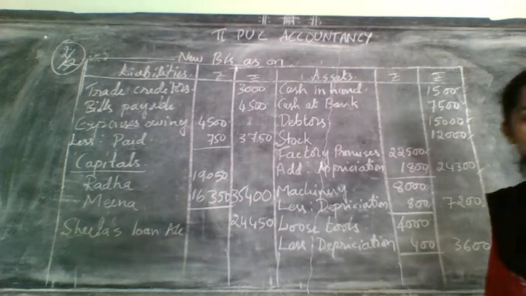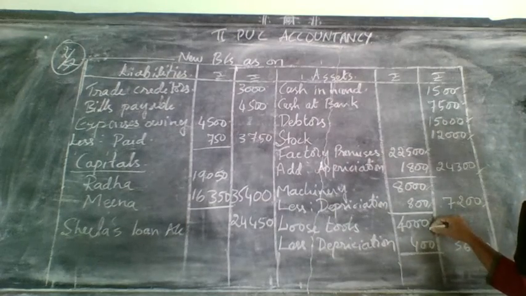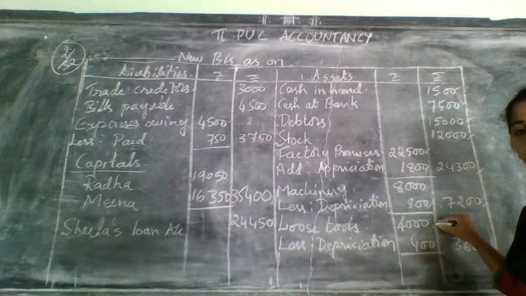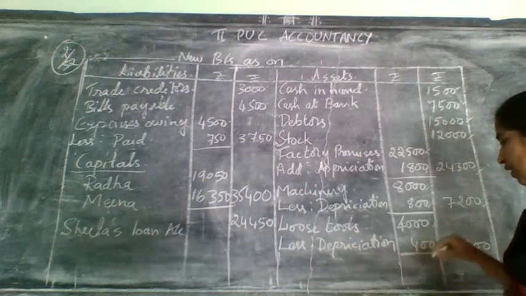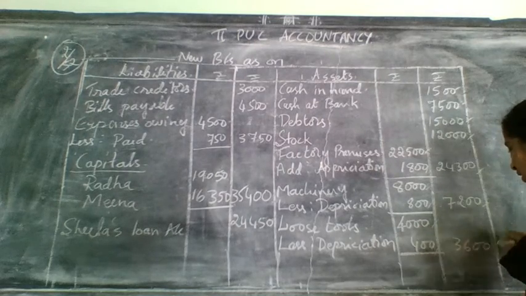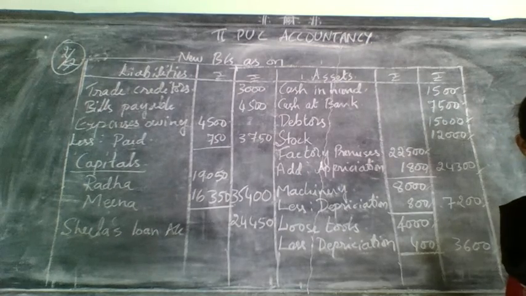Next loose tools, there it was 4,000, and you are having adjustment for this also in the revaluation account. From the 4,000, this depreciation in revaluation account, you have taken as 400 minus this and taken it in the outer column. So 3,600. Asset side it is over.